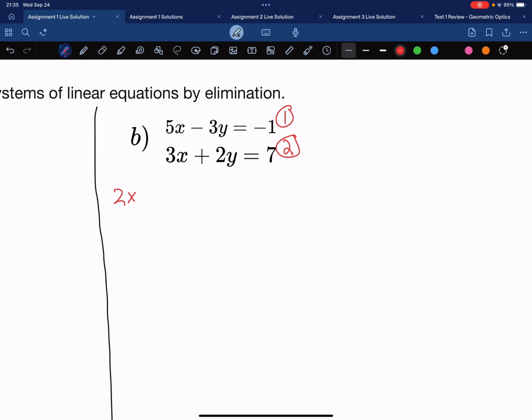So I'll have 2 times equation 1 plus 3 times equation 2. Now I'm choosing this so that my coefficient becomes 6 in front of both. So 2 times equation 1, that's going to give me 10x minus 6y equals negative 2. And equation 2 will become 9x plus 6y equals 21.